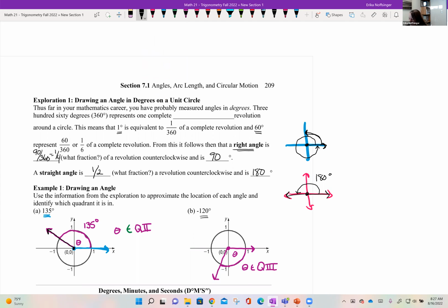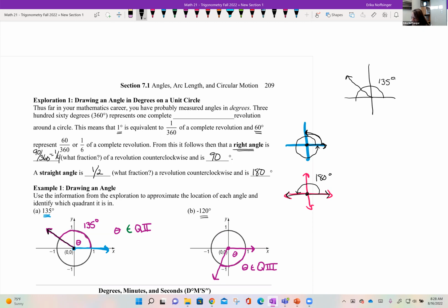So let's look at the following. Again, that first one was 135 originally, which got us here. So one way that we could get back to this terminal side is do a full revolution from this 135 degrees. So another 360 degrees from this point.